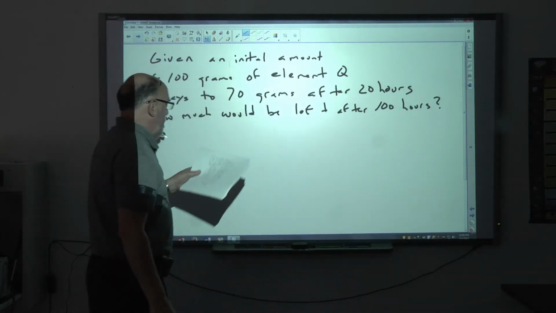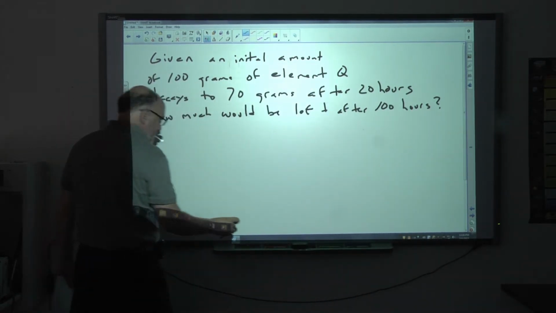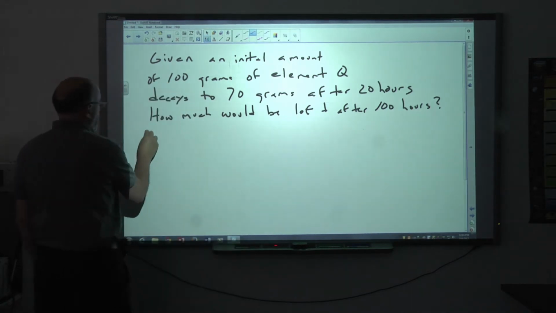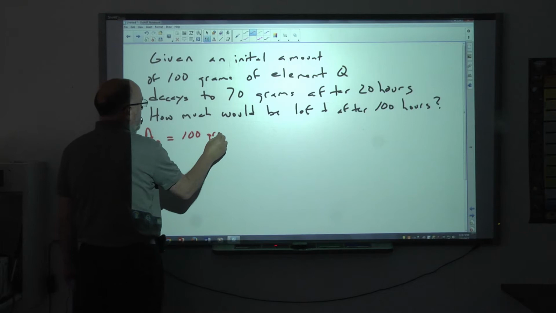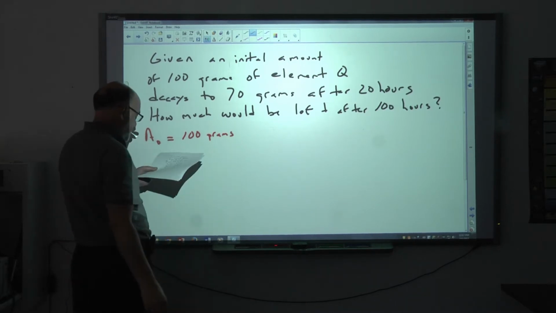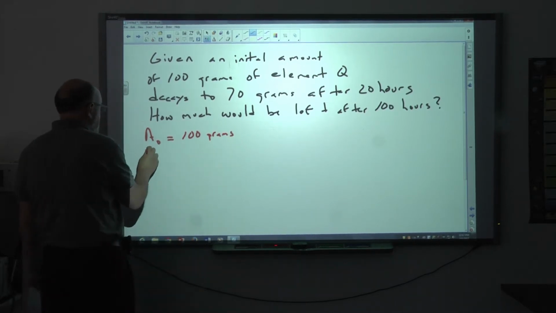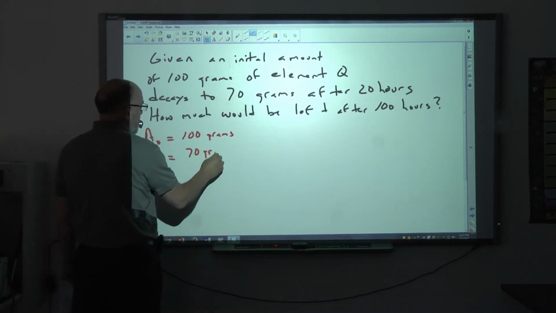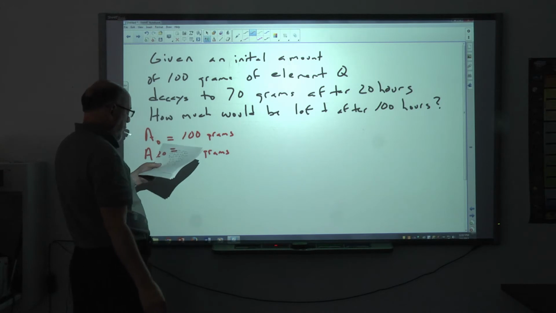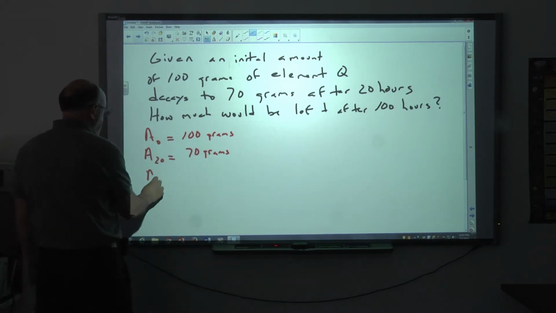So let's write down what we know. We know that A naught, what we started with, is 100 grams. We know that A sub 20 is 70 grams. And what we want to find is A sub 100.